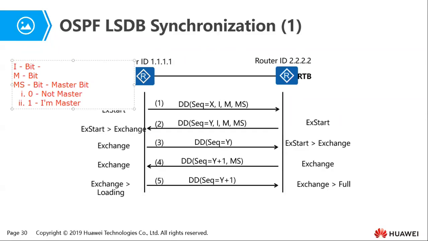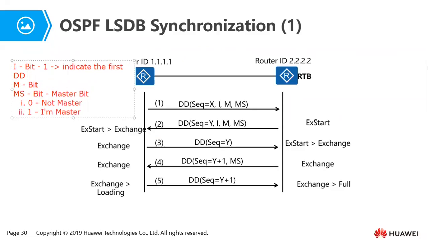Now, the I-bit. You see the first DDD packet that RTA is sending to RTB, the I-bit is set to 1. That's why you can see that the I-bit is included there. The I-bit is used to indicate the first DDD packet.